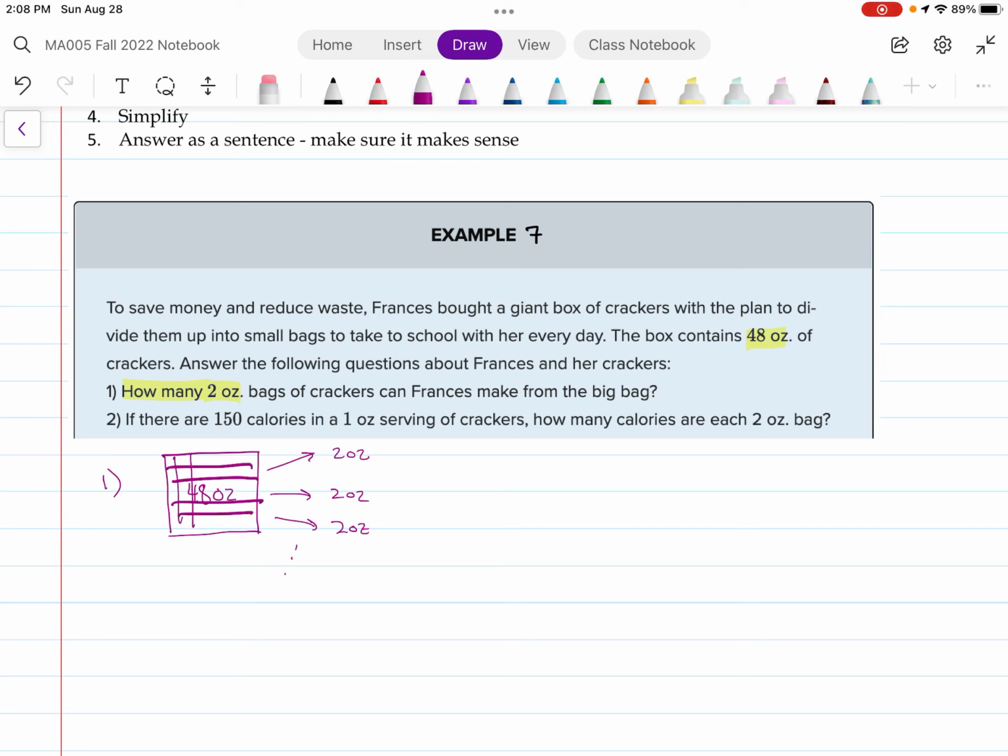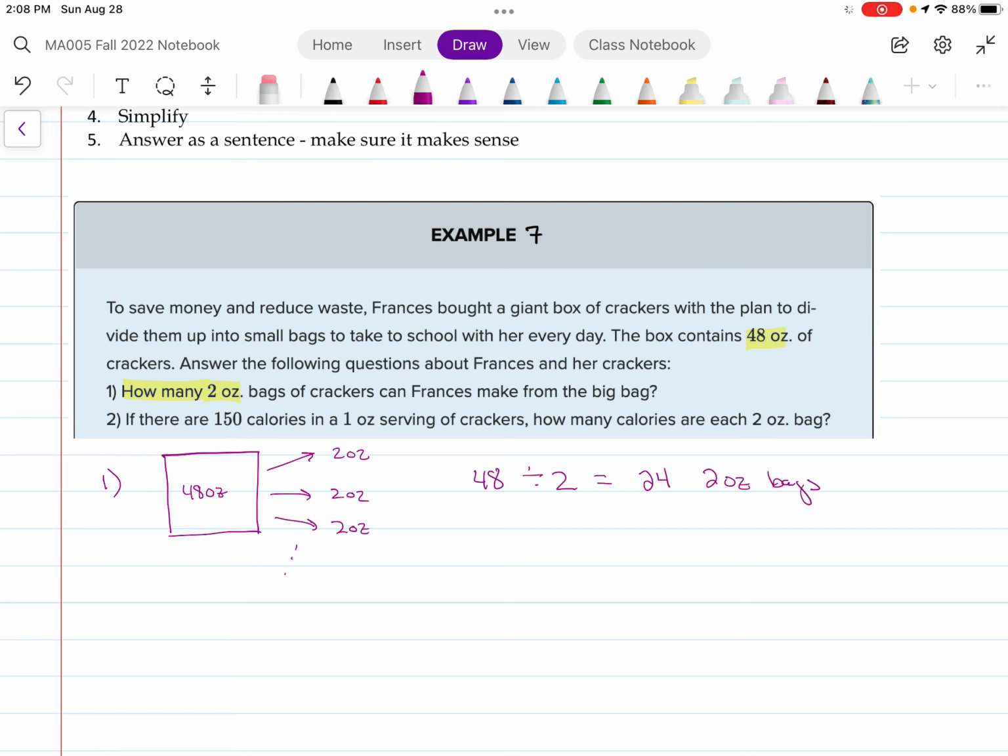So how many does it divide into? Well, you're going to have to do the division to figure that out, right? So 48 ounces divided by 2 ounces is going to tell us how many 2-ounce bags we have, and that's going to be 24 2-ounce bags.